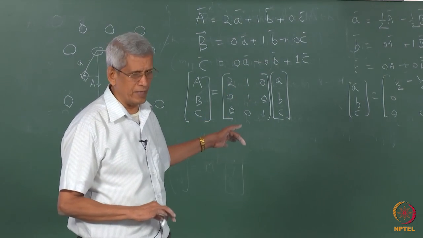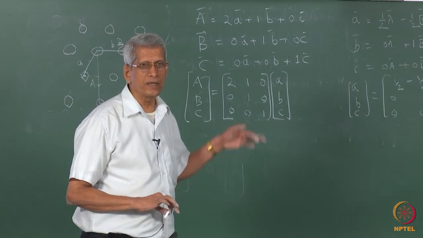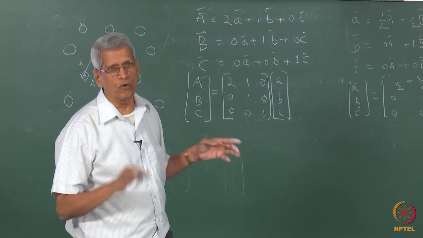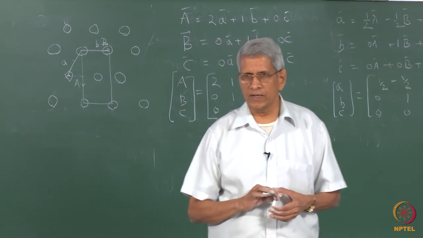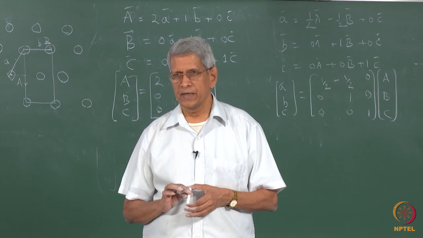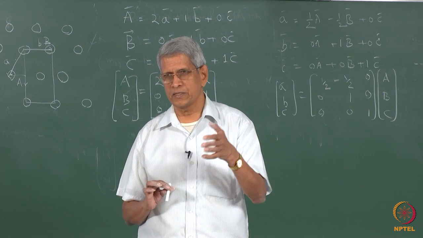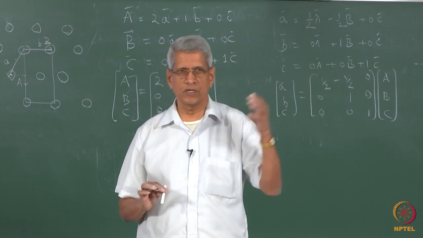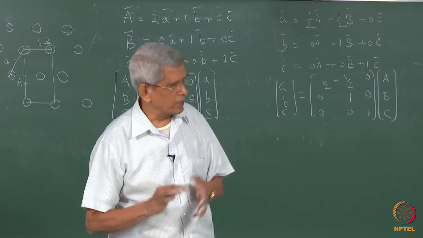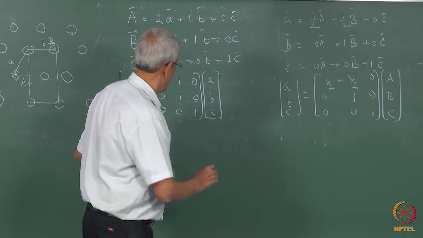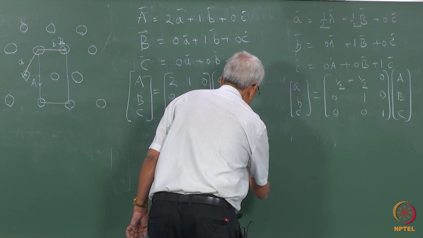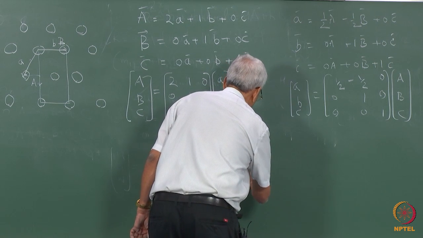Once this relationship is there, using the formula which we have written to go for directions as well as planes, we can immediately find out what the correspondence is going to be. If we take a vector in the old coordinate system, what will be the direction in the new coordinate system? Suppose it's u, v, w.